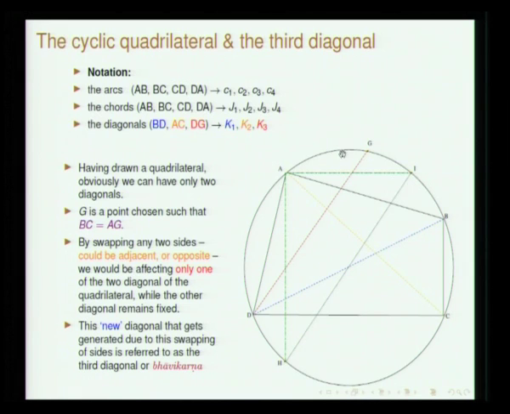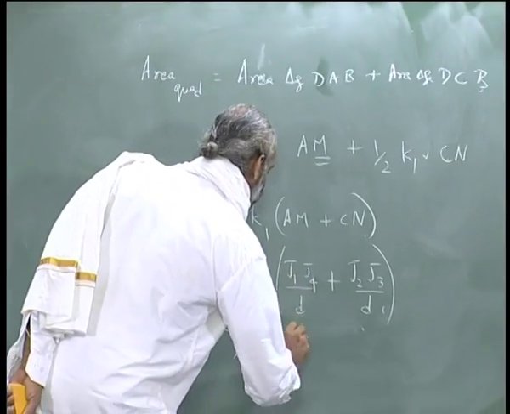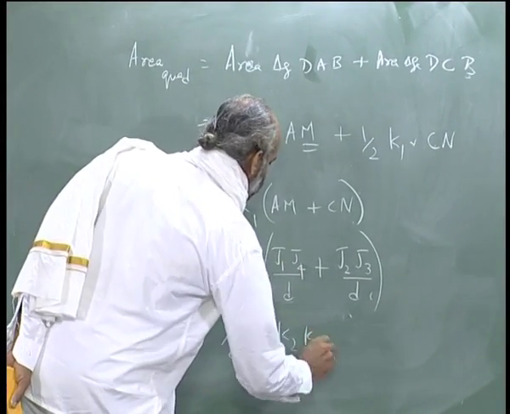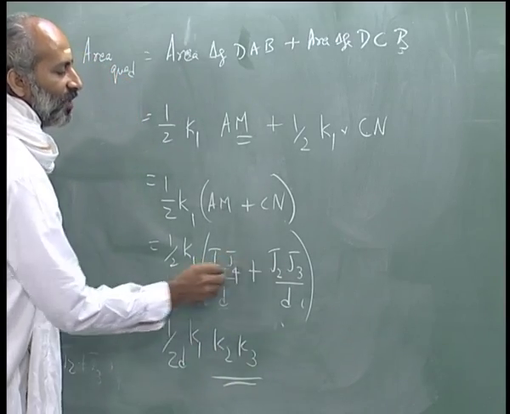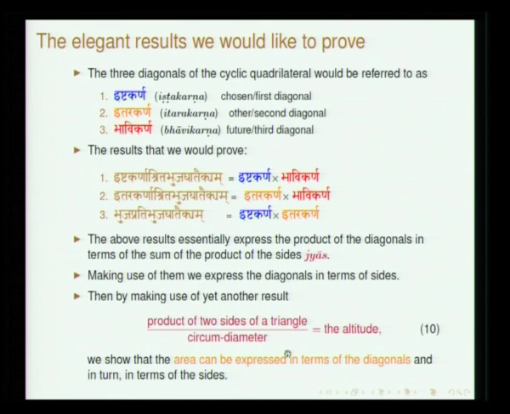This J1 J4 is itara karna, itara karna sthita, and therefore what you will have is basically K1 K2 into K3. So, J1 J4 plus J2 J3 is K2 into K3. So, therefore, the area is the product of the 3 diagonals divided by the circumdiameter of the cyclic quadrilateral.